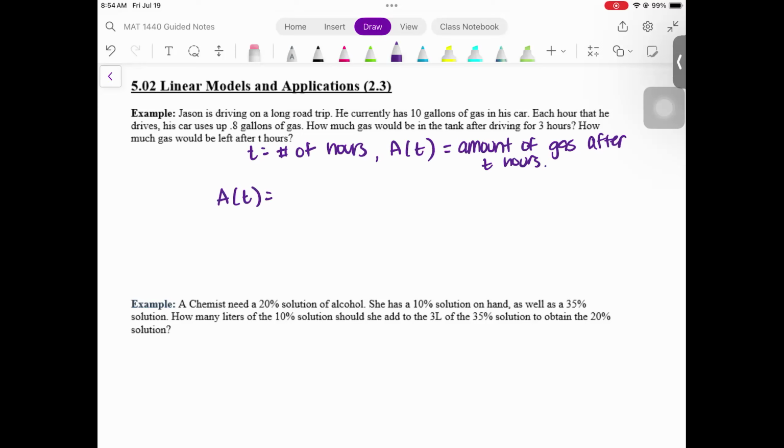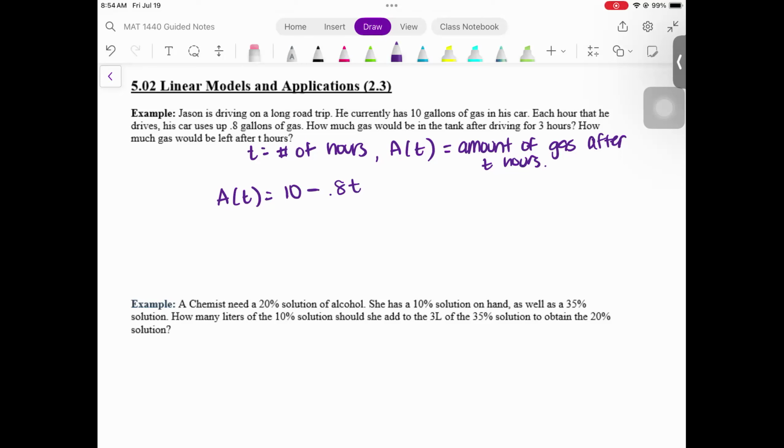So we know that Jason is starting with 10 gallons of gas, and that every hour that he drives, he's using up or decreasing the amount of gas. So decreasing is going to imply subtraction, 0.8 gallons. So we're going to subtract 0.8 for every hour that he drives.